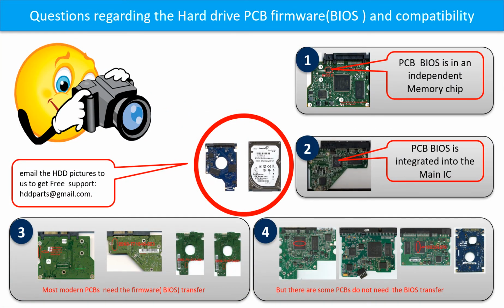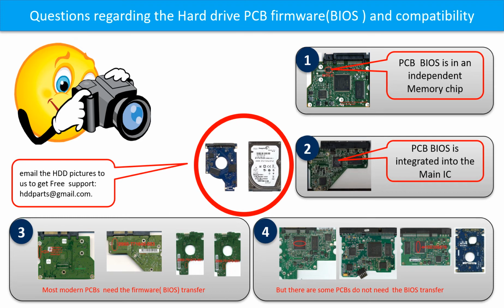We received many questions regarding the hard drive PCB firmware transfer and hard drive PCB compatibility. So let's talk a little bit more about this in general. The hard drive PCB firmware is also called hard drive PCB BIOS.